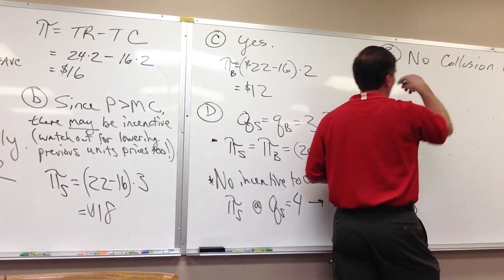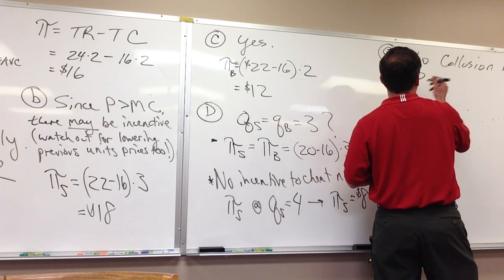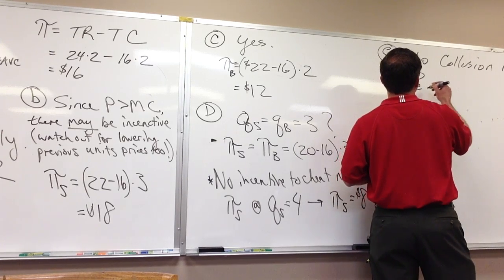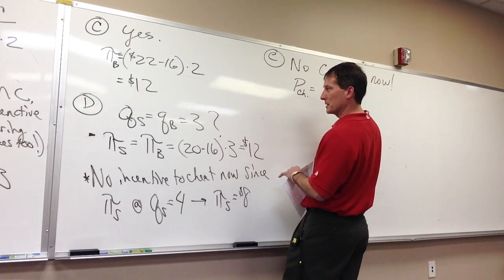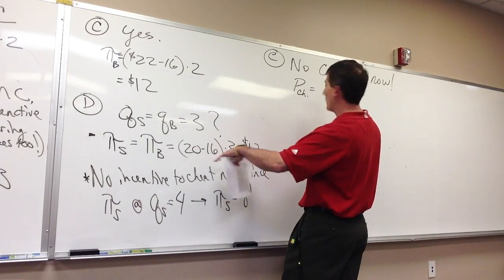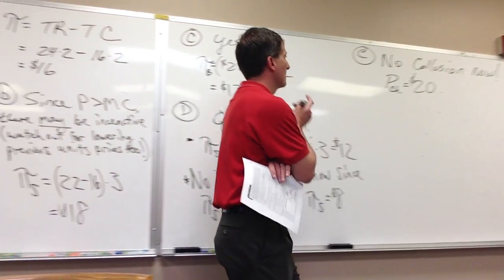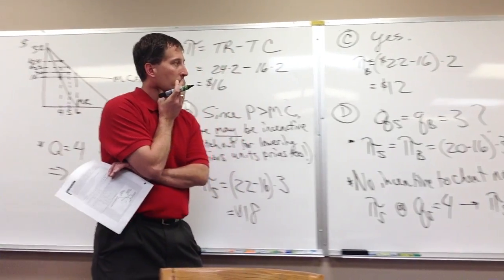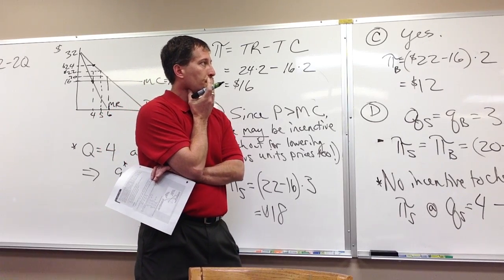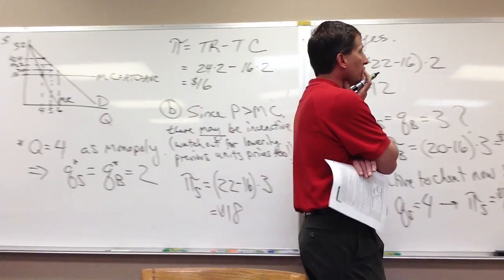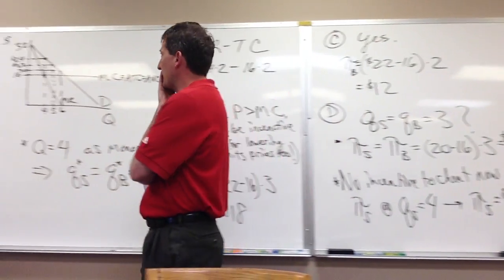So no collusion now. The price of chlorine is equal to whatever we left off with. What was it? 20. Has that changed anything?